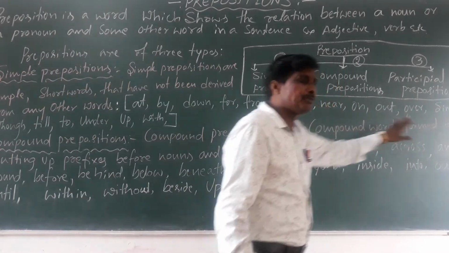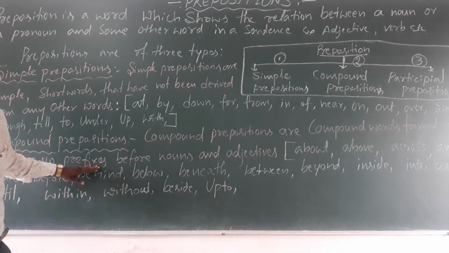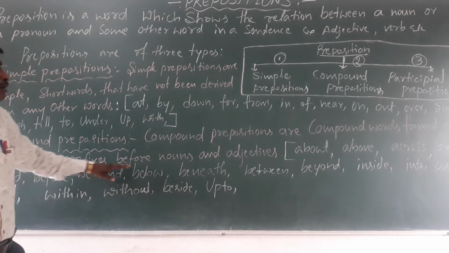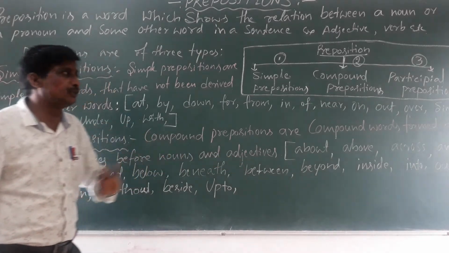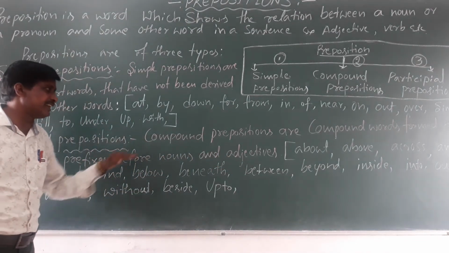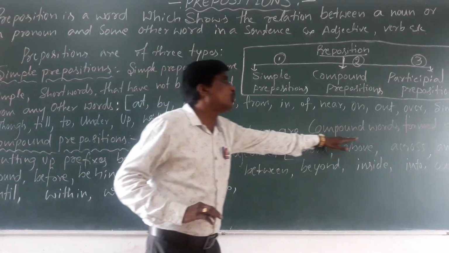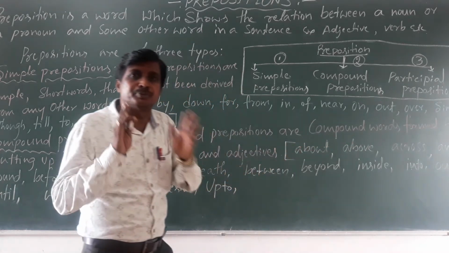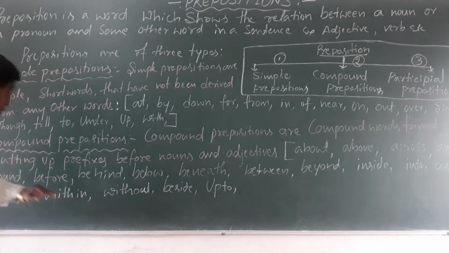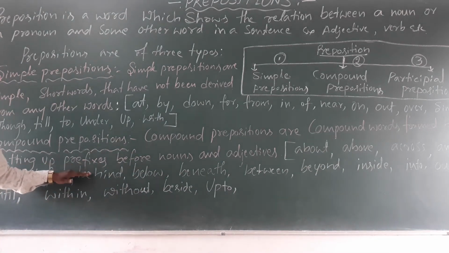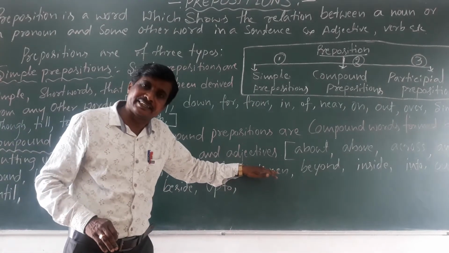Compound prepositions are compound words, formed by putting up prefixes before nouns and adjectives. Once again, please concentrate here. Compound prepositions are compound words formed by putting up prefixes before nouns and adjectives.